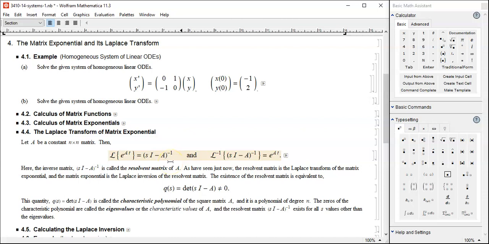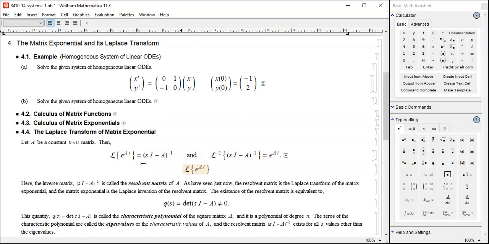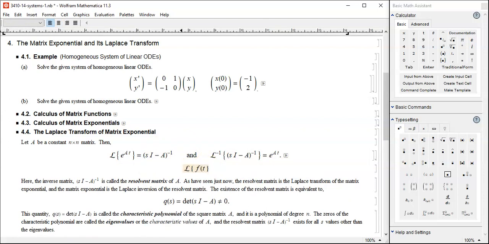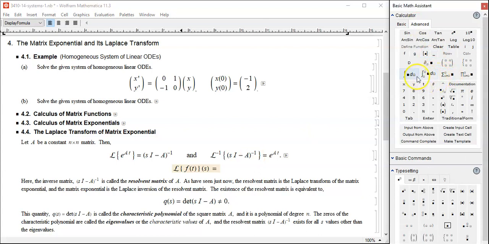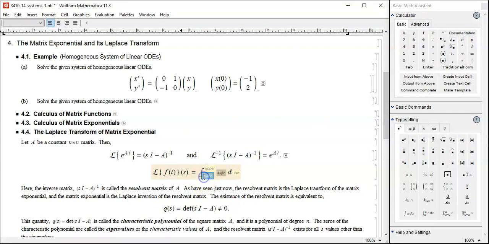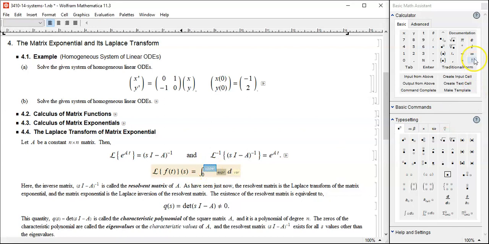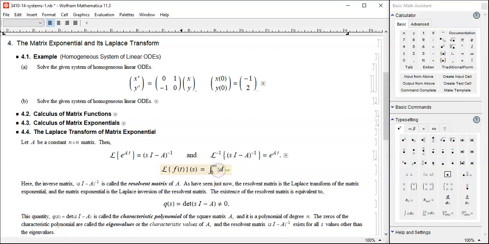But then again, we have a problem. The Laplace transform, by the way, was defined in terms of integrals. Does everybody remember? The Laplace transform of f of t in real case is actually a function of s, and then it turns out that this is integral 0 to infinity and e to the negative st power f of t dt.